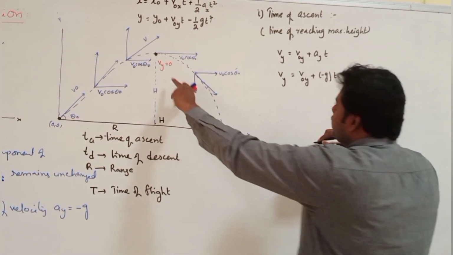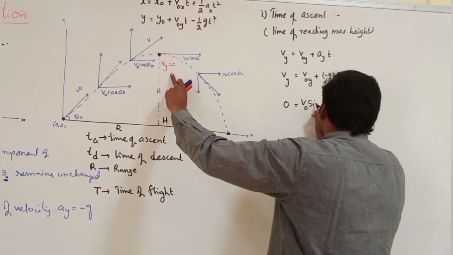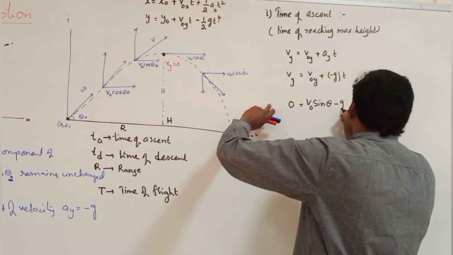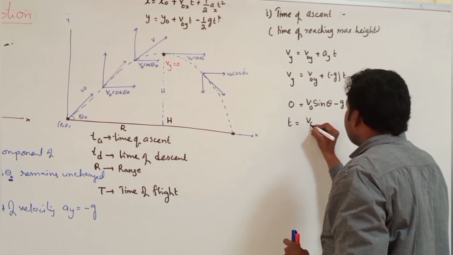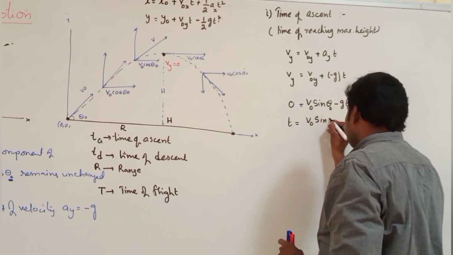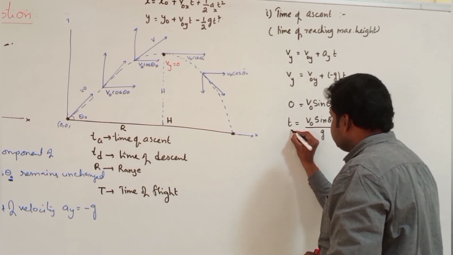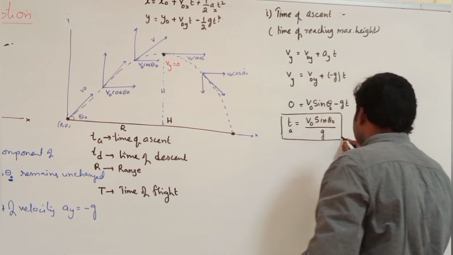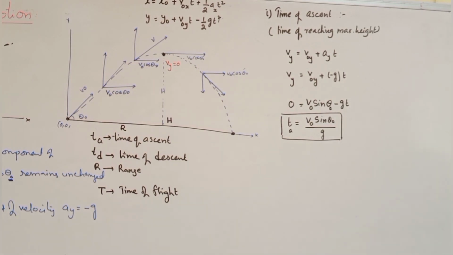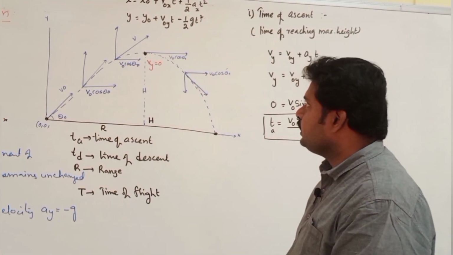However, reaching a maximum height, Vy is already 0, so 0 is equal to V naught sin theta naught minus g t. t is equal to V naught sin theta naught by g. Of course, I am writing this as the time of ascent, the time of reaching maximum height. Now, next, how to write the time from maximum height to here? How to write that?